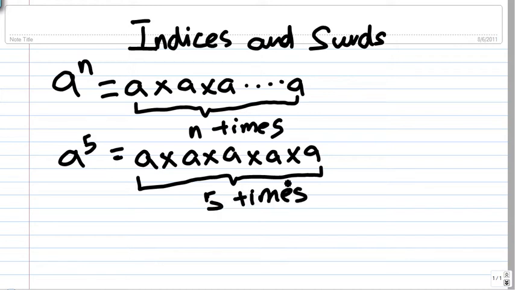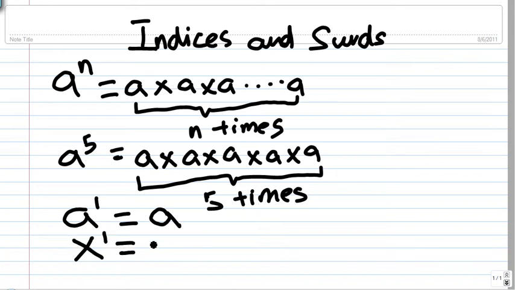I would say this is something you should know before we start on indices. And if you had anything to the power of 1, a to the power of 1, a to the power of 1 is a itself. x to the power of 1 is x itself.